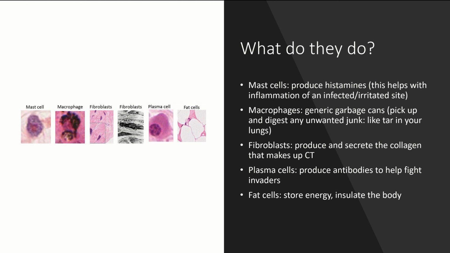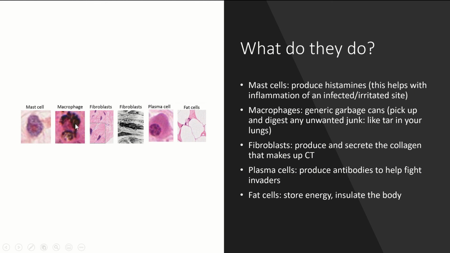So if they're like, oh my gosh, this bacteria, never seen it before, I'm going to eat it and get it out of here. Okay. So that's what they do. They just eat stuff that they don't recognize as self. Okay, and they can digest that. So any kind of junk, tar in your lungs, right? For smokers, anything that you inhaled, they'll eat up.